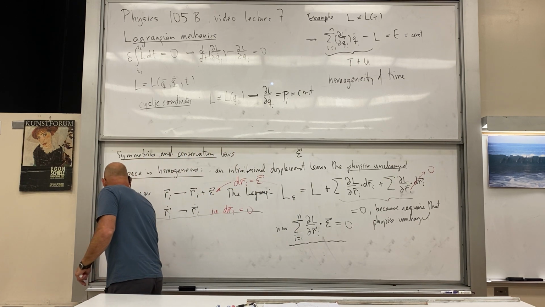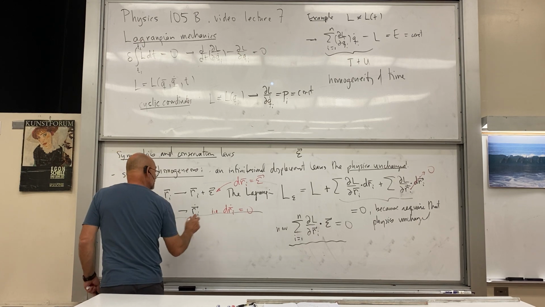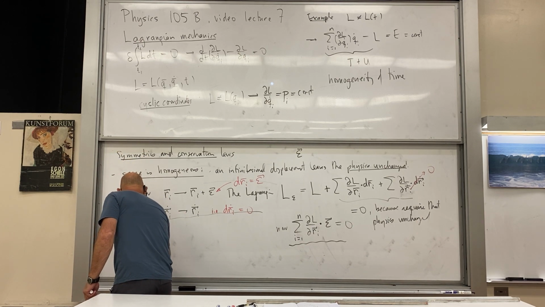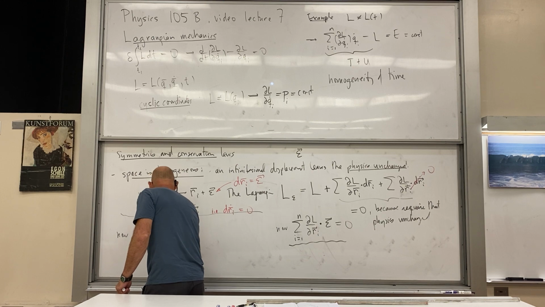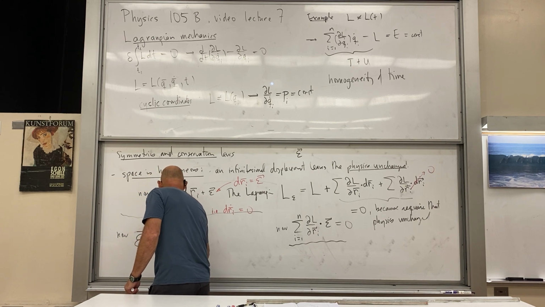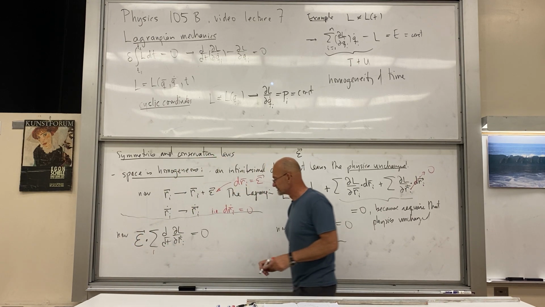Now, we have, I'm going to do things at once. The epsilon is constant, so I can pull it out, and then I have the sum over d dt dL dri dot is equal to 0.